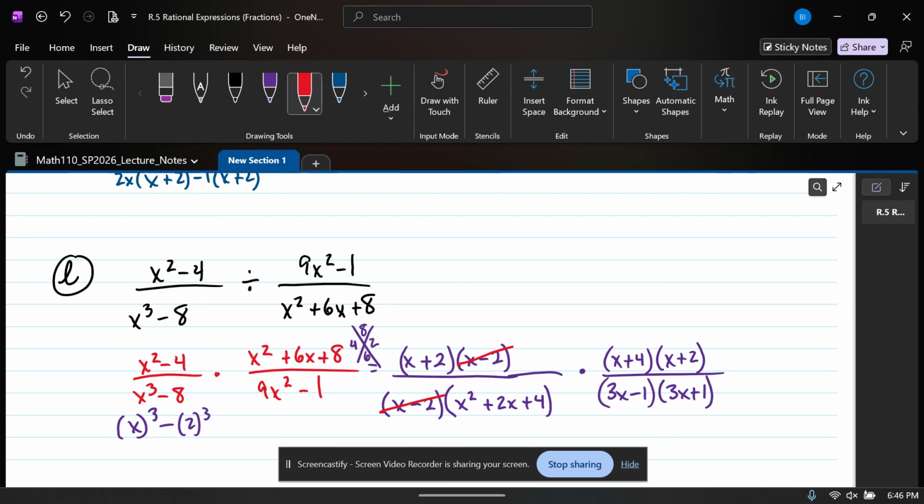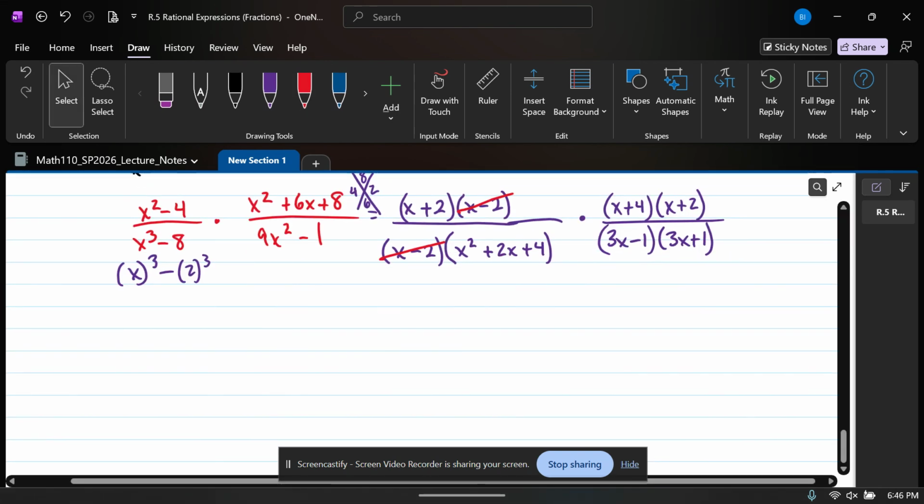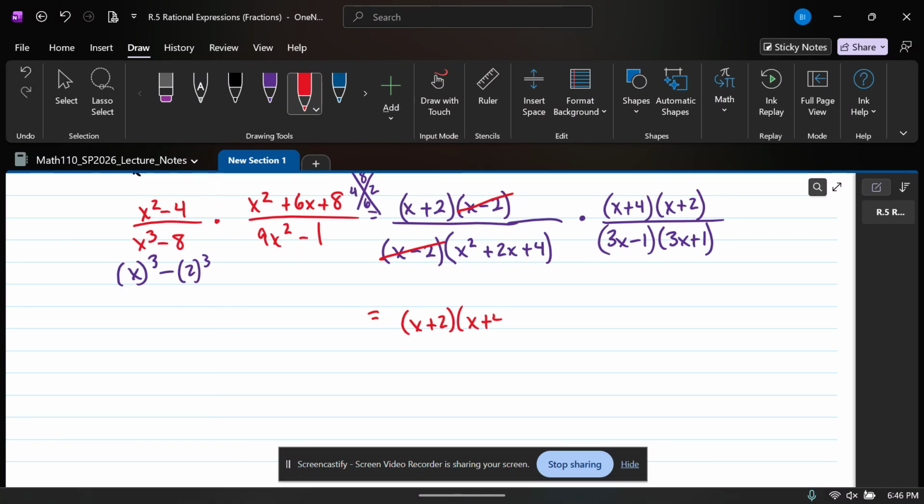All right, so we got x plus 2, we got x plus 4, we got x plus 2 on the top. Oh, that's ugly. We're going to leave this one in factored form because I don't want to multiply this out. And then on the bottom, we've got the x squared plus 2x plus 4. That doesn't factor anymore ever.